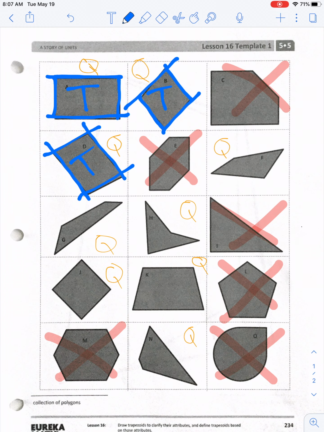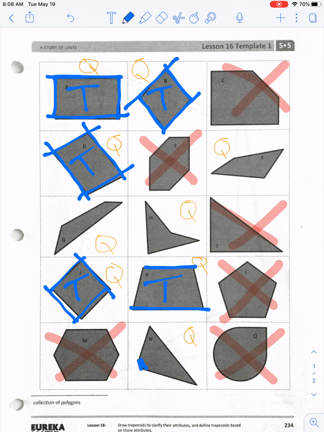What about J? Yep, we got parallel lines there and there, and there and there. So that is a trapezoid. K, these two lines are parallel, trapezoid. And then N. Nope.